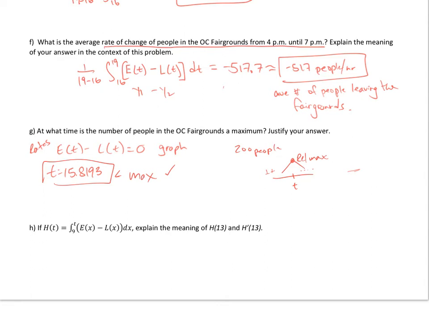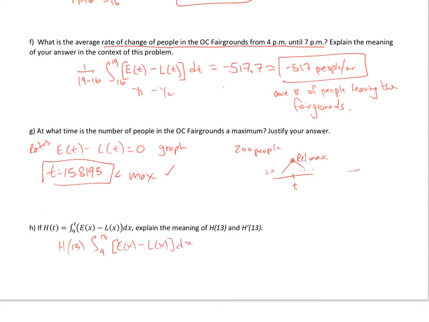Now for part H. Here it says, the integral from 9 to t of E of x minus L of x dx. Explain the meaning of H of 13 and H prime of 13. Well, H of 13 in this context is going to be the integral from 9 to 13 of E of x minus L of x dx.